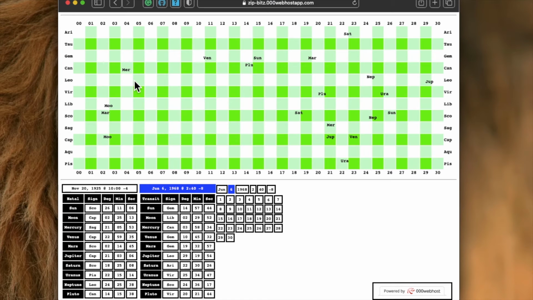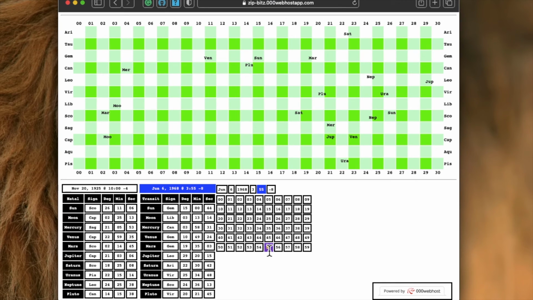So if we try to align this in a straight line on this graph, let's see where we go. So it's sometime around 3:40, and if we change the minutes here, 3:55.